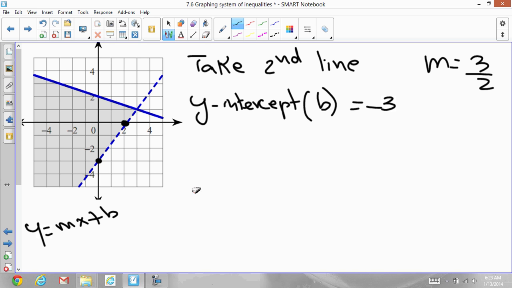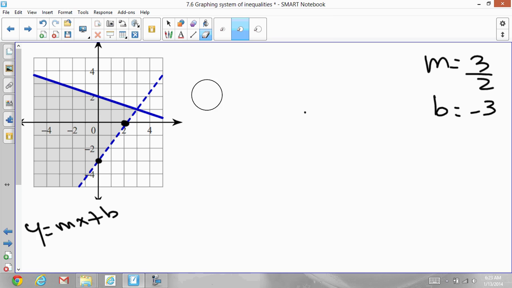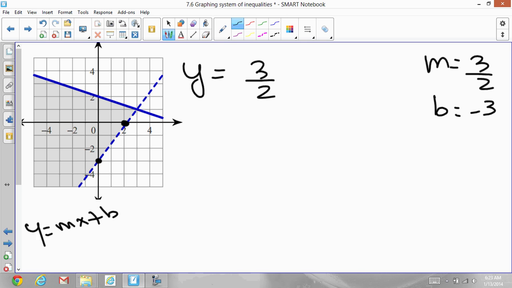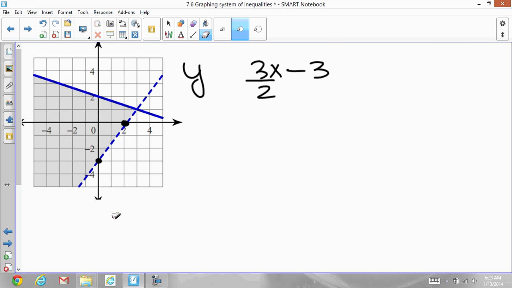You did all these calculations to figure this out. So your b was negative 3. So you have y equals 3 over 2x minus 3. After you write the equation, now remove this equal sign.